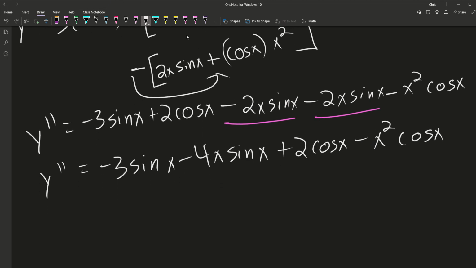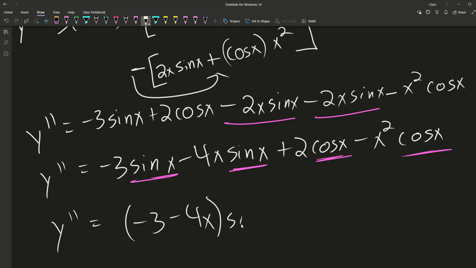And we could actually factor these nicely if we wanted to. We could factor a sine of x out of everything here, and we could factor a cosine x out of everything here to give me sine x times, or you know what, we can make this negative 3 minus 4x times sine x plus 2 minus x squared cosine x.